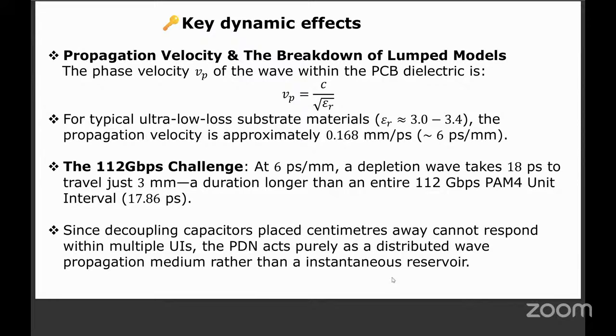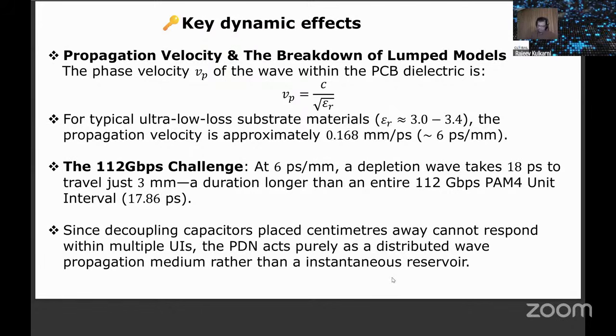For a typical ultra low loss substrate material, epsilon r is 3 to 3.4. The propagation velocity is approximately 0.168 millimeter per picosecond. It takes 1 picosecond to cover 0.168 millimeter, or about 6 picoseconds to travel 1 millimeter.